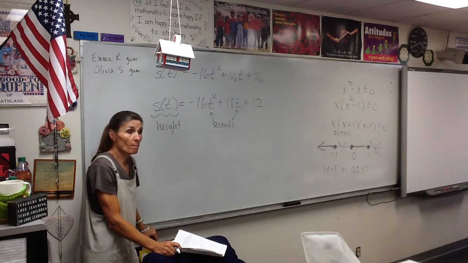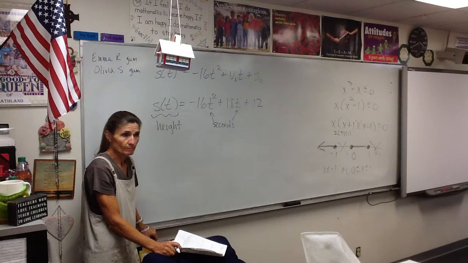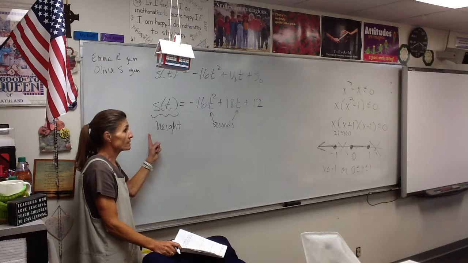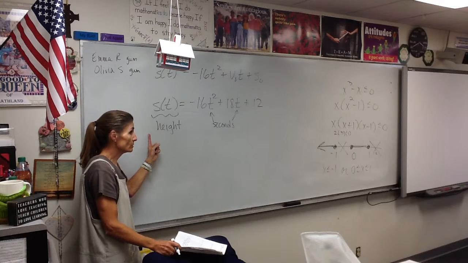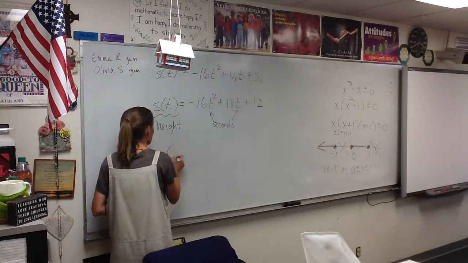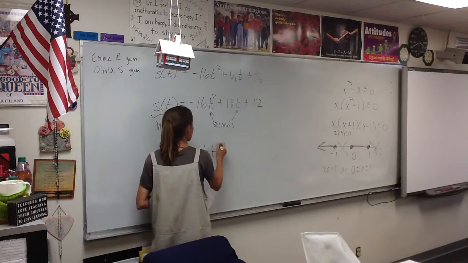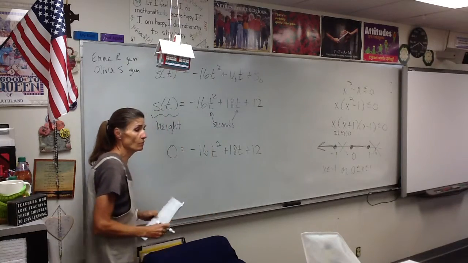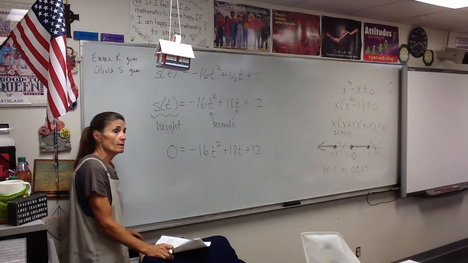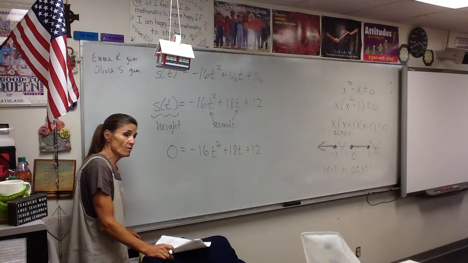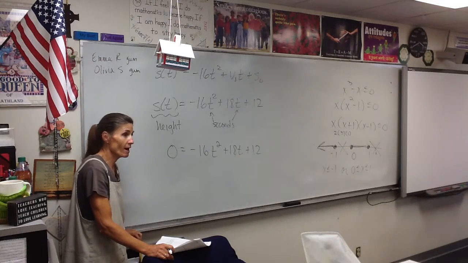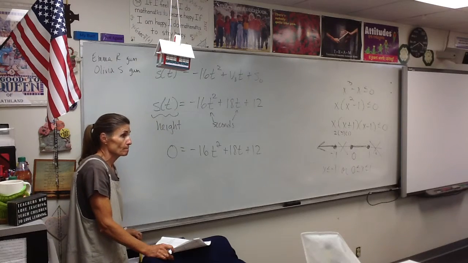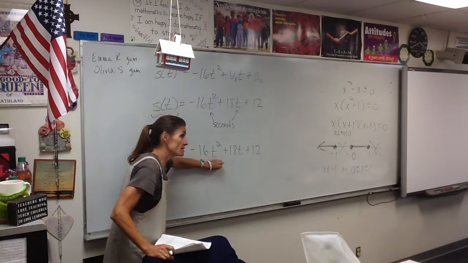What do I know about a ball that's on the ground? 0. Its height is 0. If the ball is on the ground, its height is 0. So I have this equation to solve. Kids, I cannot help you with that. You need to realize that if it's on the ground, its height is 0. Now I need to solve this equation.